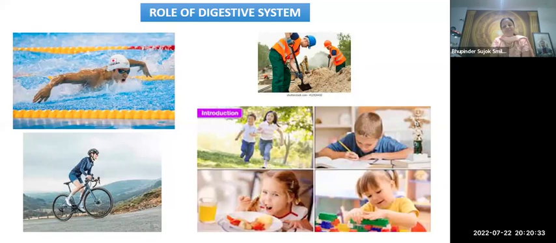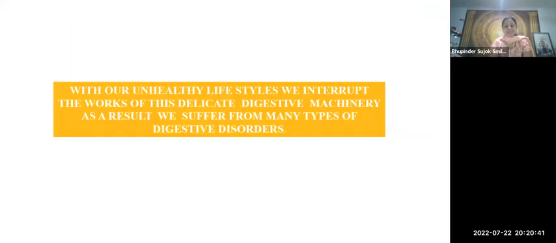And this grinder machine in your body is called the digestive system. You know, this is nothing new. But then, as I said, now we have to go deep inside and see how this system is working.